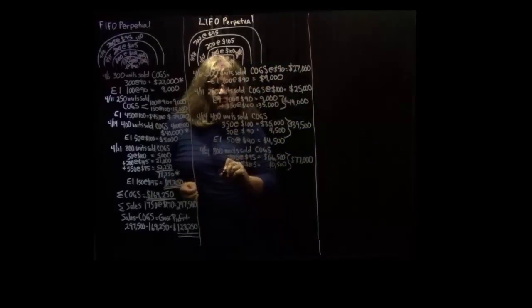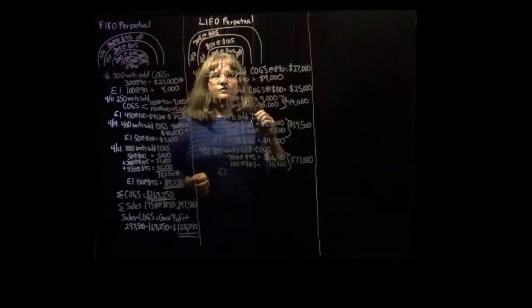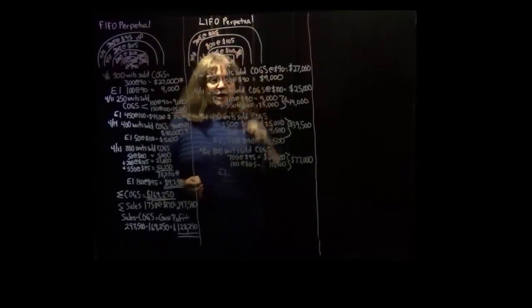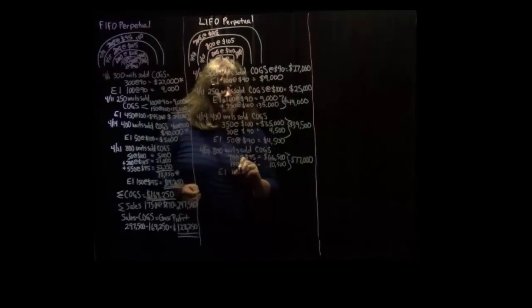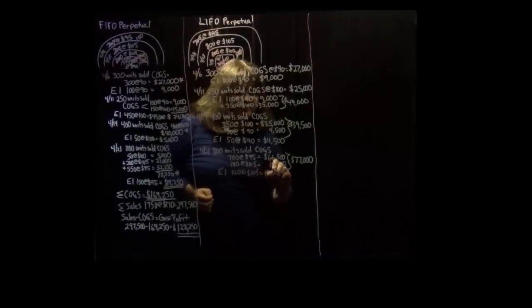The ending inventory at that point, we would say this layer is gone, and we now only have 100 of that layer. And so we would say that we have 100 that cost 105 for a total of 10,500.